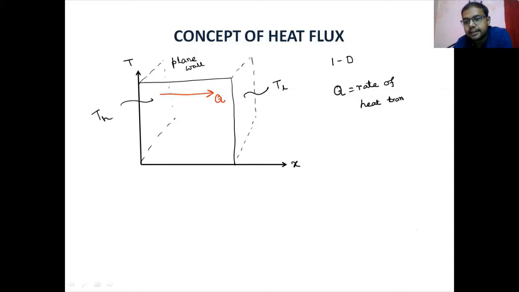That means per second, how much heat is transferred. The unit is joule per second, or we can say watt. Q is the rate of heat transfer, how much heat is flowing per second.